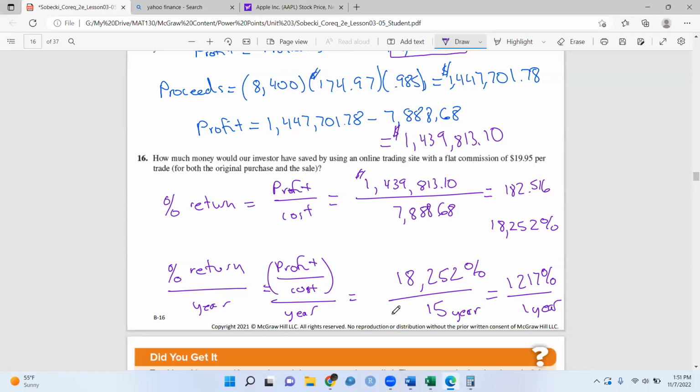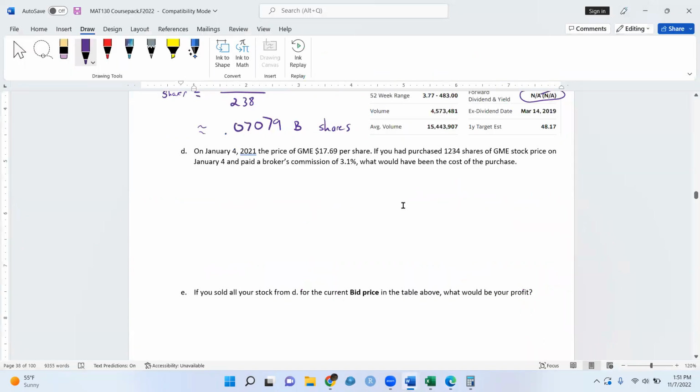I certainly didn't. Okay, so you have seen how to calculate profit for stock when you buy low and sell high and keep track of commissions. So I'd like to give you some time to answer question D. Here I'm telling you that on January 4th, 2021, GameStop was at $17.69 per share.